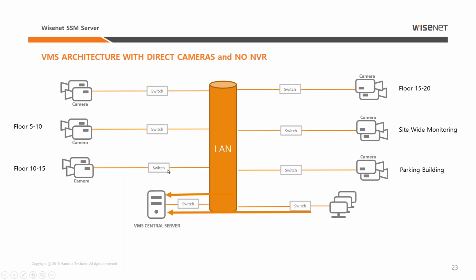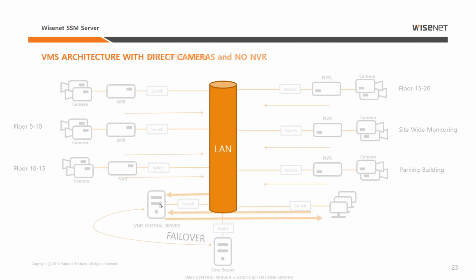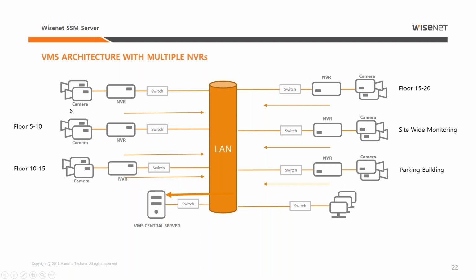All these cameras can be directly added. In this case, you will record on the server. In the previous case, there are recordings on the NVR, but you can still use the VMS to manage all the live view, playback, export, and so on. Okay. Now, next point is SSM is free if you use our NVR.